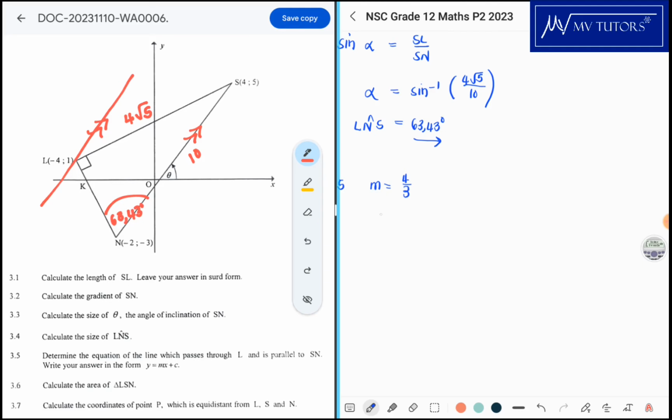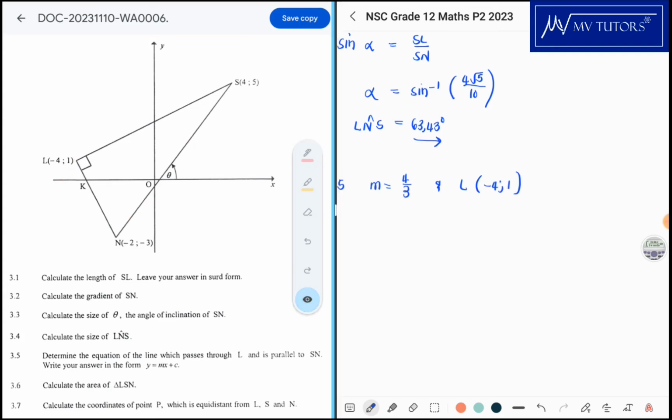And do we have a point? Yes, because they said it passes through point L. Once we have that, we can definitely get the equation of a line. So we're going to use y equals mx plus c. In the place of y, I'm just going to put 1. In the place of m, that's 4 over 3. X is negative 4, plus c. If I work that out, I have negative 16 over 3 plus c, so c is equal to 1 plus 16 over 3.